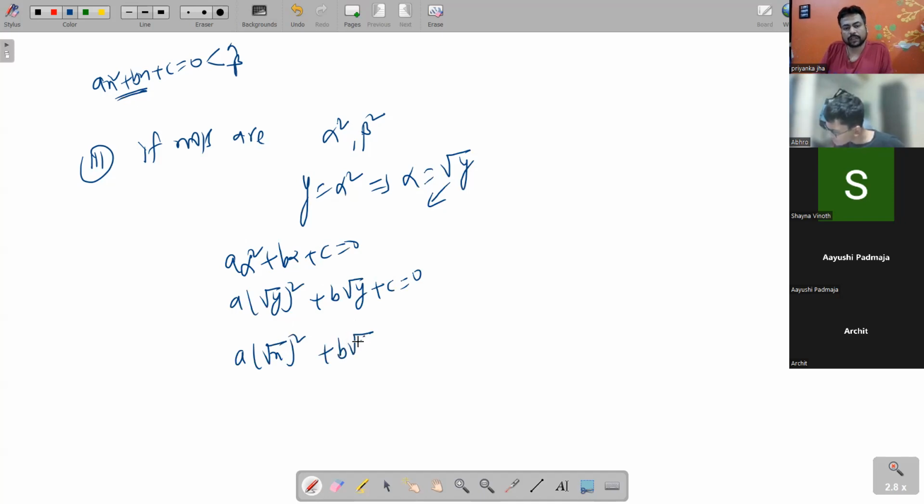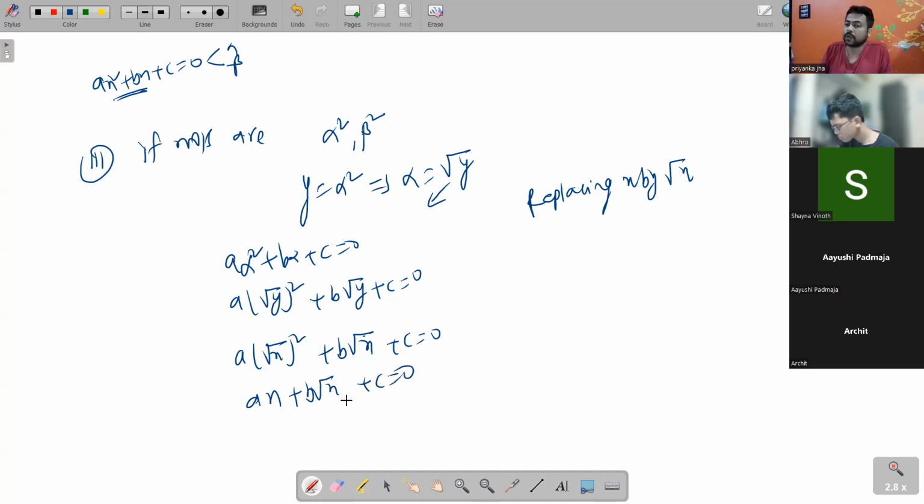One thing you can notice: in this equation, if roots are alpha square, then we are replacing x by root x. Now solve it: ax plus b root x plus c equal to 0. You cannot leave it here because x has a square root; this is not a polynomial as per the rule of polynomial.